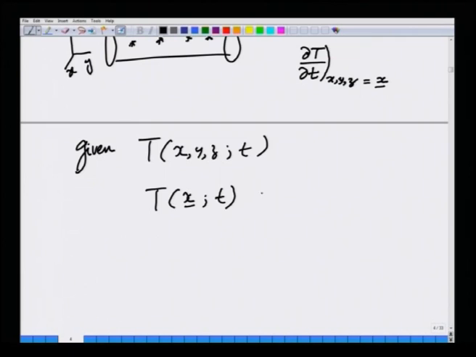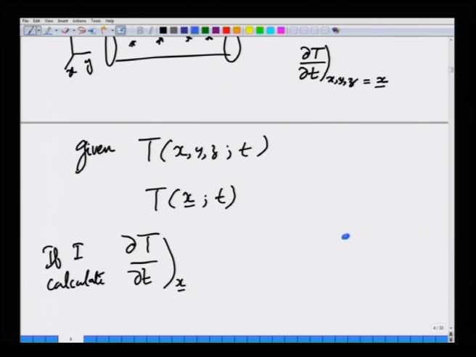Given this information, suppose I calculate this at a spatial location, okay, this is not telling me how the temperature is changing. So, this is a partial derivative. So, if this fluid particle is moving from time t to t plus delta t, its temperature can in general change as you follow the particle.